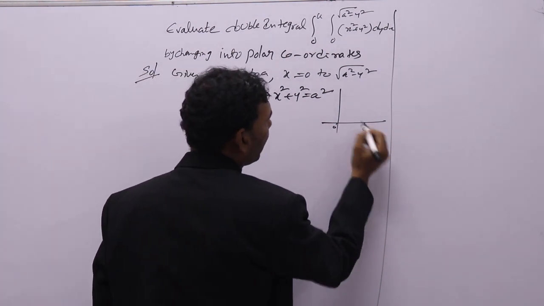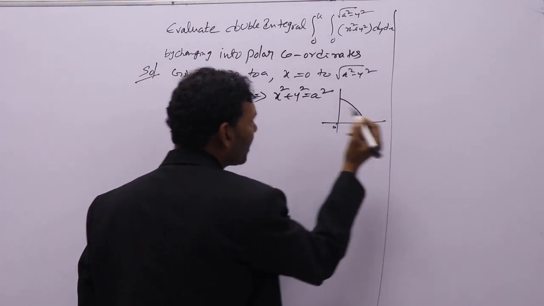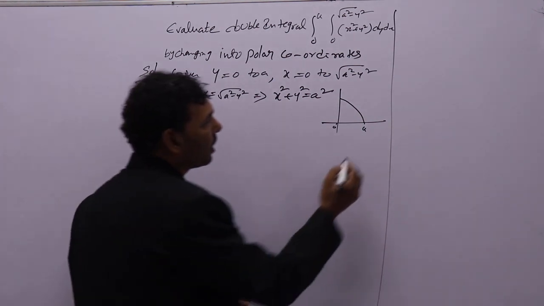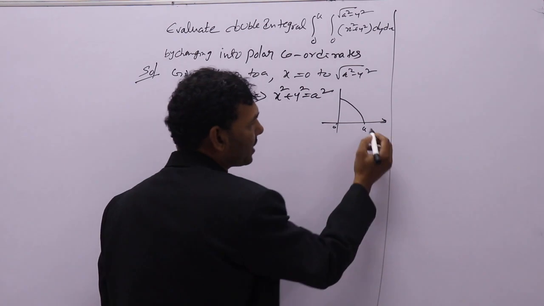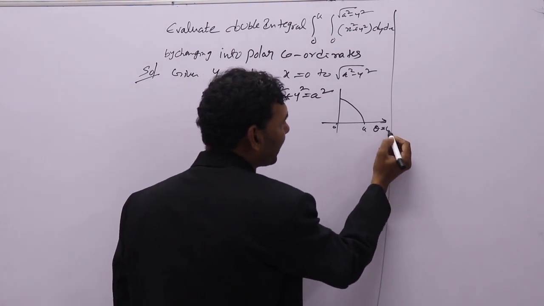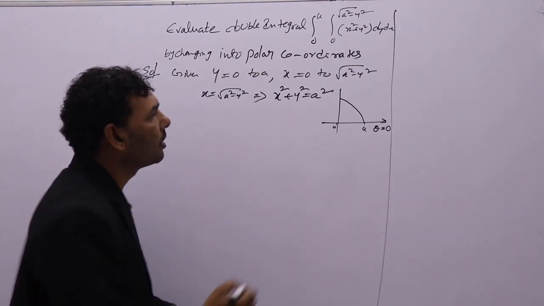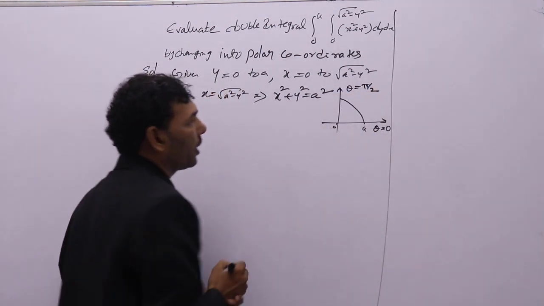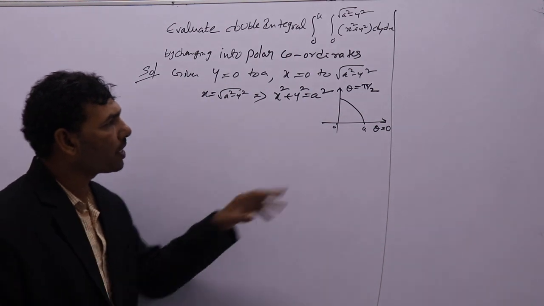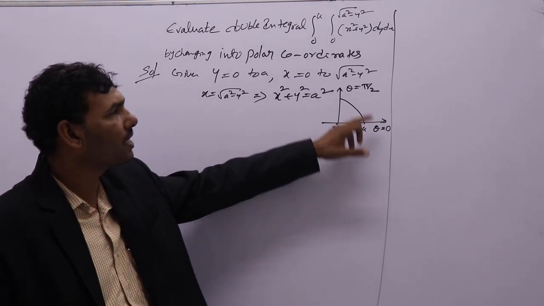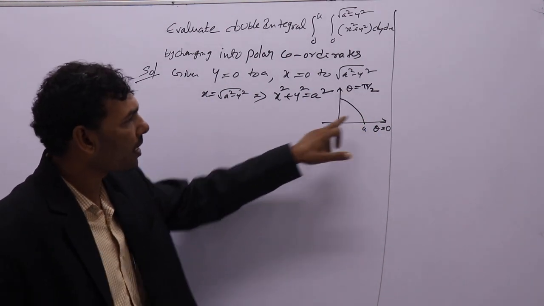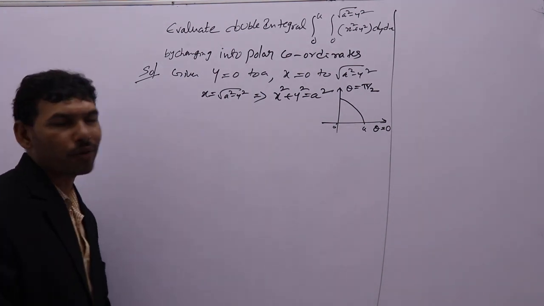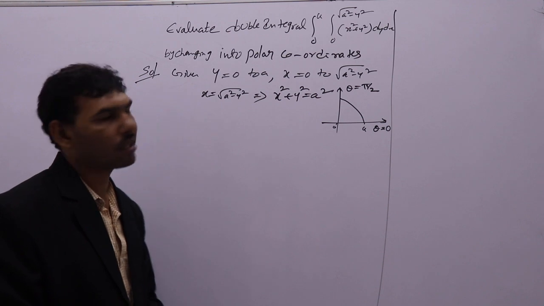Only this region is evaluated. In polar coordinates, this line is theta equal to 0 and this line is theta equal to pi by 2. So the region of integration for theta is 0 to pi by 2 and r ranges from 0 to a.